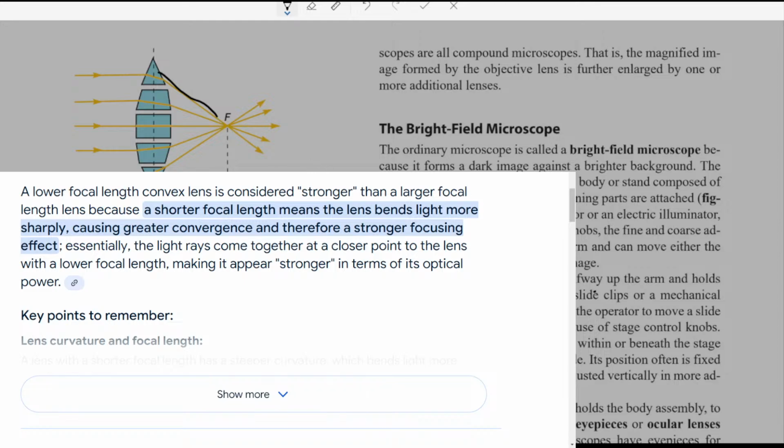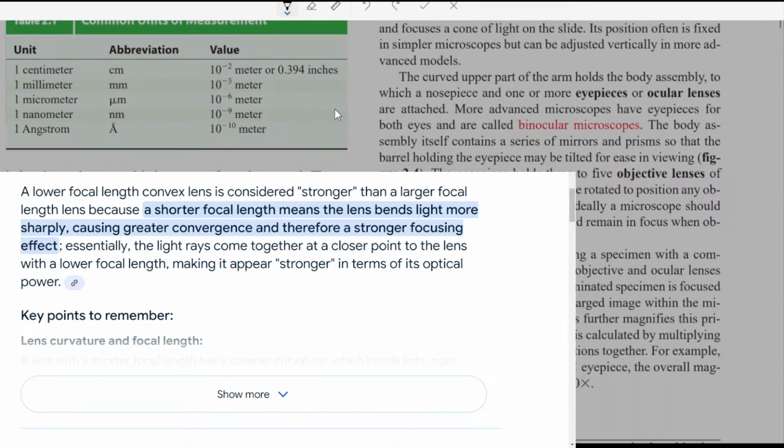If this focal point was here somewhere, of course the light wasn't going to bend that much. If you bring the same focal point here, it is bent more. Look at this angle, it's quite a lot of a difference. So I get it. Shorter means stronger, longer means weaker. If I was saying it wrong the whole time, forget it.